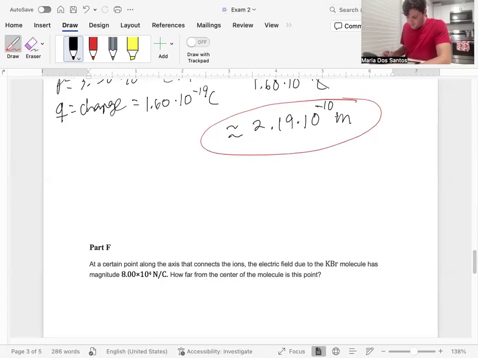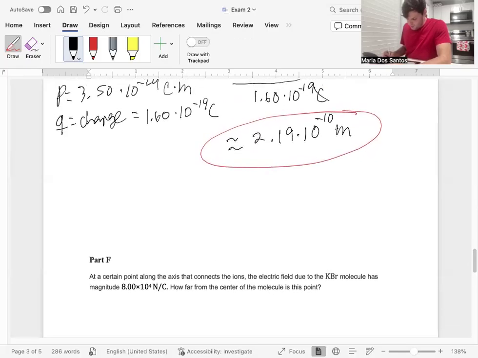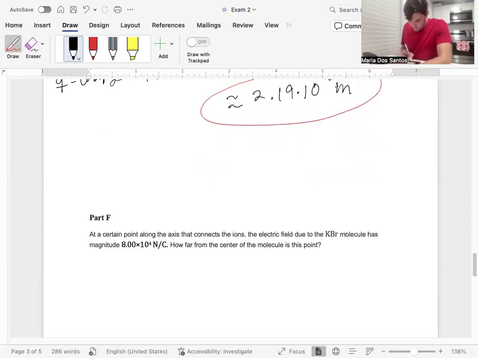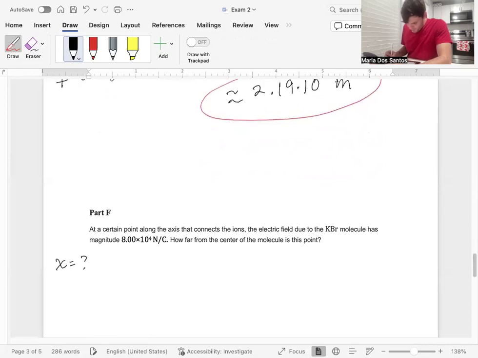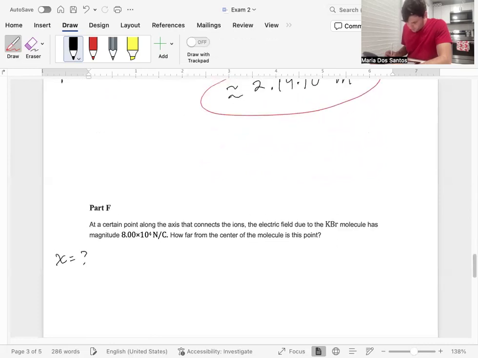How far from the center of the molecule is this point? So basically what we need to find is a point. What is given to us? Electric field is given to us, and it is 8.00.